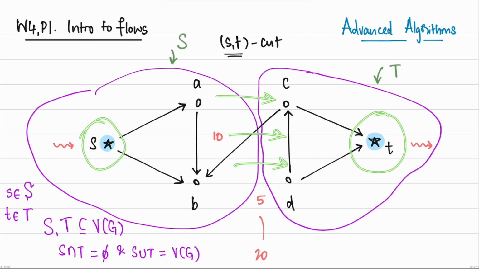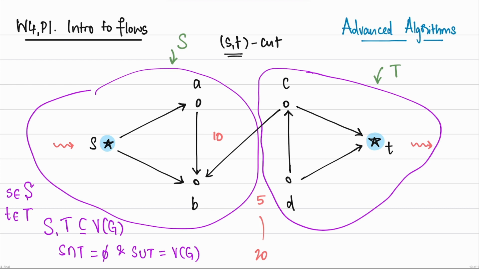In this example, coincidentally, you also cannot come back from the target to the source, but the removal of the edges in this cut does not force that you cannot reach the source from the target. So for instance, if we had a couple of additional edges, which I'm going to attempt drawing now.